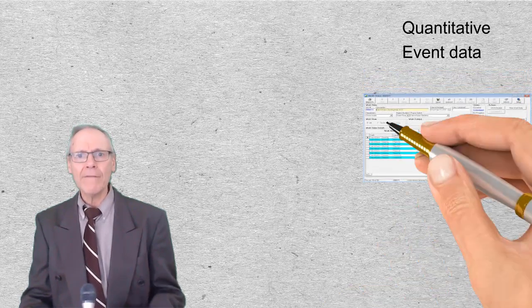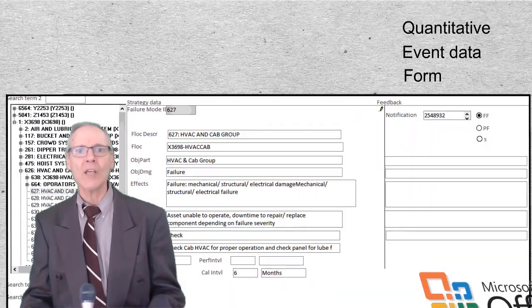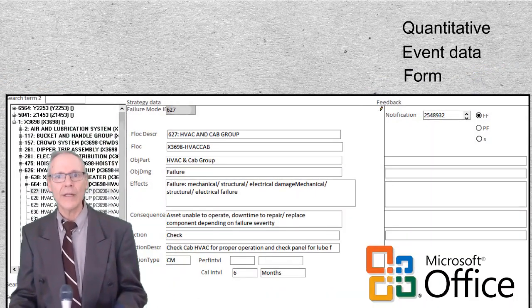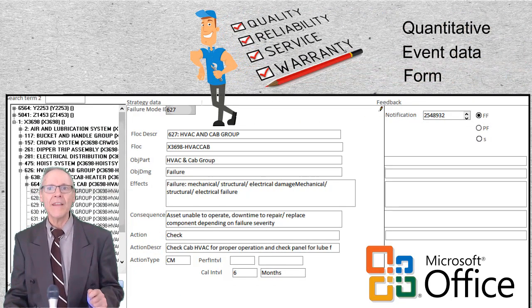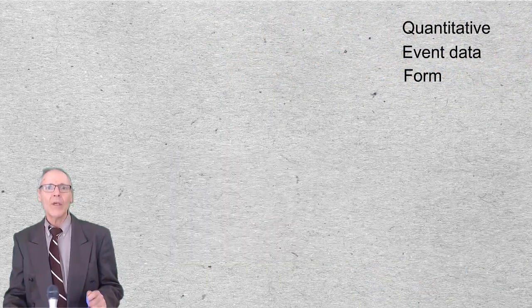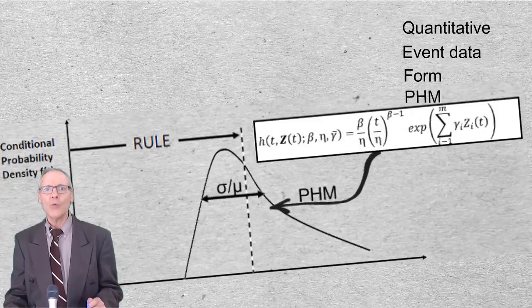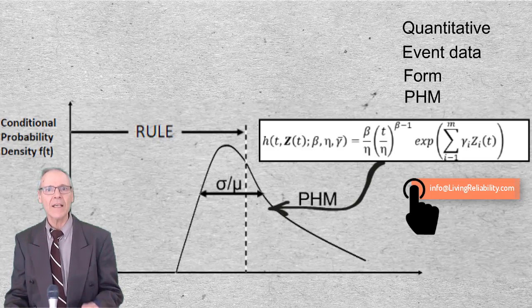We proposed a living RCM data entry form based entirely on MS Office tools and integrated with the existing enterprise asset management reporting process that resolves the event data inadequacy problem. Finally, we demonstrated the proportional hazard modeling method with which to optimize predictive performance of existing condition-based maintenance initiatives. Thank you.